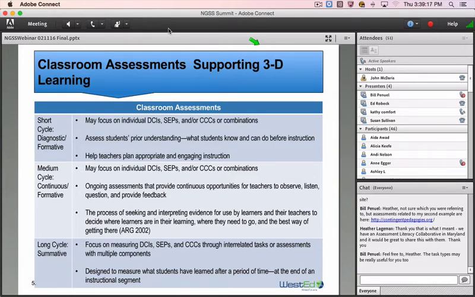So these are really ongoing assessments that provide continuous opportunities for teachers to assess, to listen to questions, and provide feedback. Strategies could include whiteboards, exit cards, or science notebooks and journals.